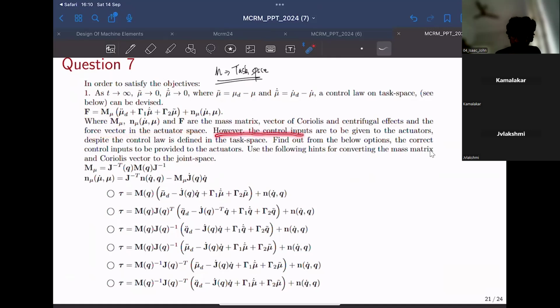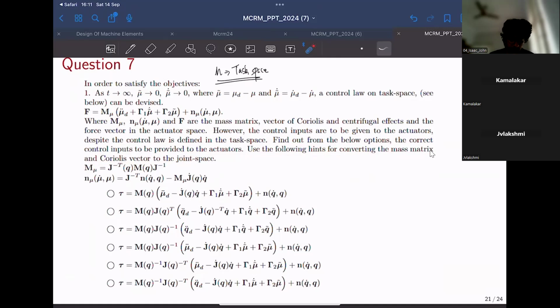However, the control inputs are to be given to the actuators despite the control law being defined in task space. So the control law is defined in task space because mu dot and mu double dot are easier to define in task space. So find from the below options the correct control inputs to be provided to the actuators. Use the following hints to convert the mass matrix and Coriolis vector to joint space.